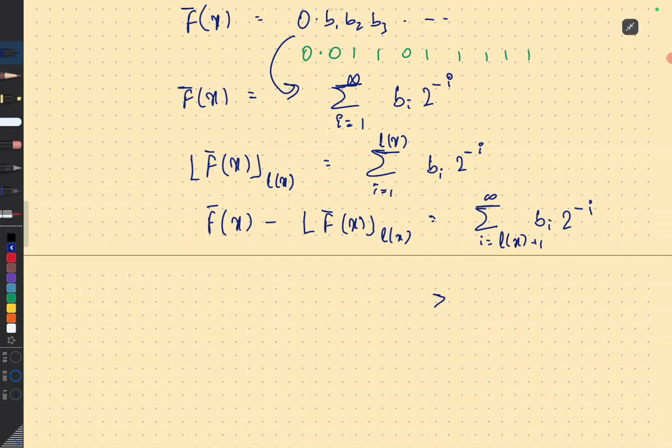Each b_i can either be 0 or 1, so this quantity is less than or equal to summation i equal to L of x plus 1 up to infinity 2 to the power minus i, which is just 2 to the power minus L of x.